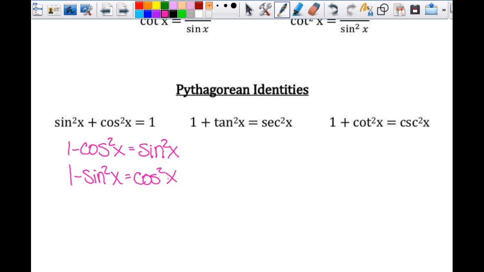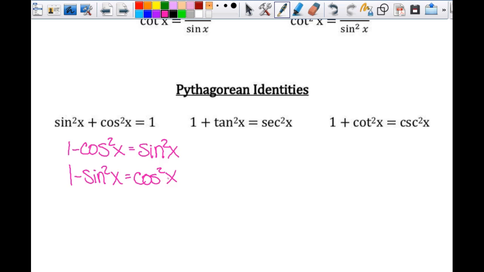That way when you glance at it, because sometimes when you put that in there, it doesn't just take its place. It makes something negative if it's backwards, and it's easy to mess that up. So the more you see it and think about it being 1 minus cosine squared, not cosine squared minus 1, the better. You can do the same thing over here.